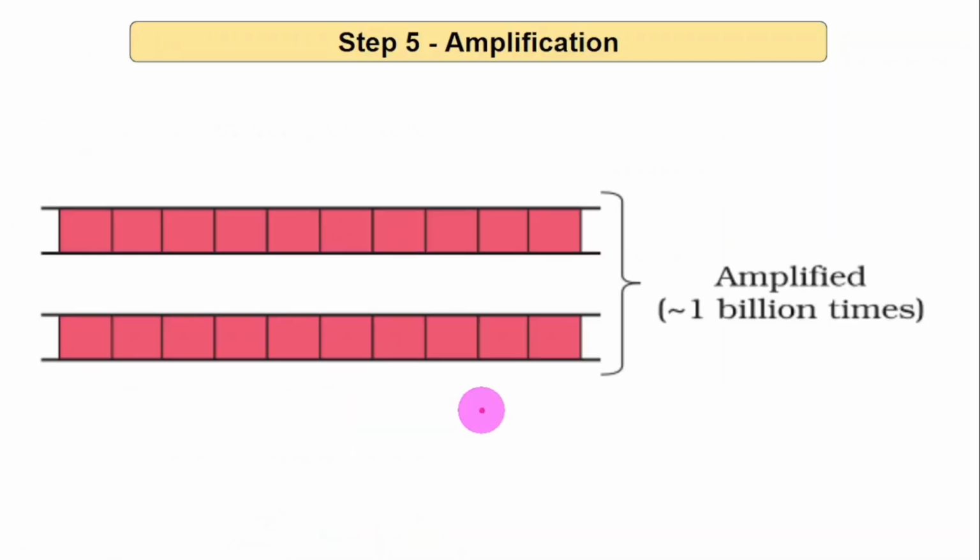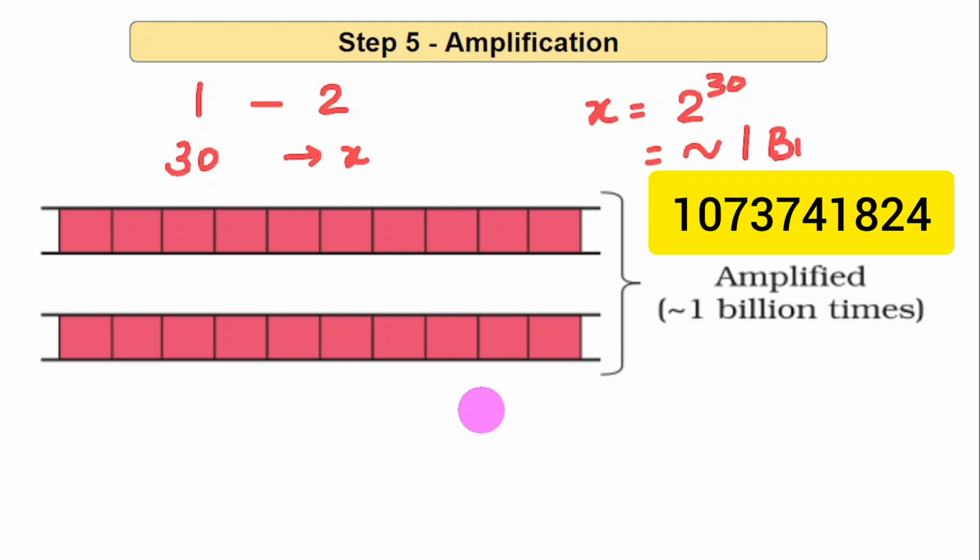If you do the maths, one cycle gives you two double-stranded DNAs. So 30 cycles will give how many? x is equal to 2 to the power 30. If you calculate it, you will get approximately 1 billion copies.